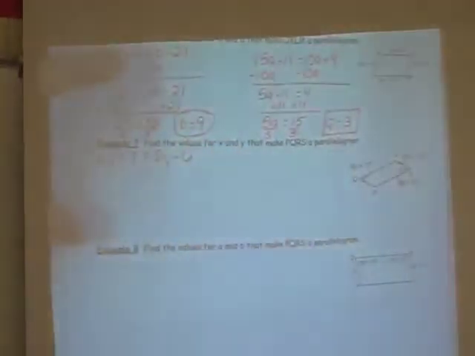In example 7, we're trying to find the values for X and Y. And the first thing we're going to do is compare these two angles. Those are opposite angles. Opposite angles are congruent. So we do 6y plus 7 equals 8y minus 6.